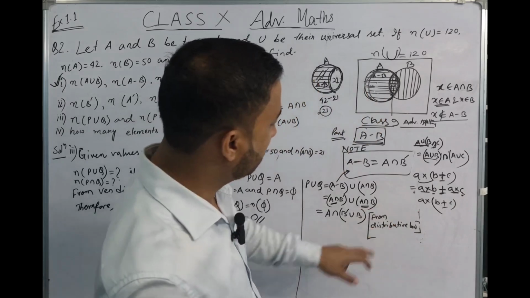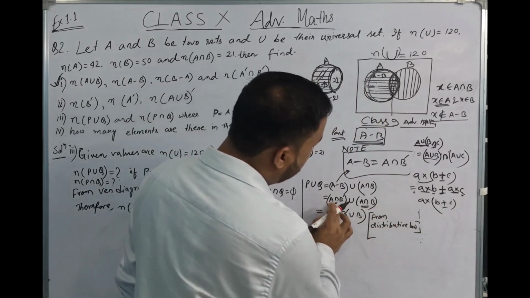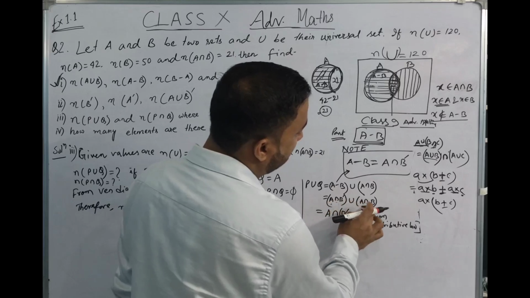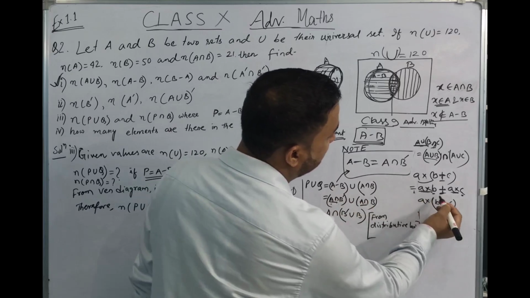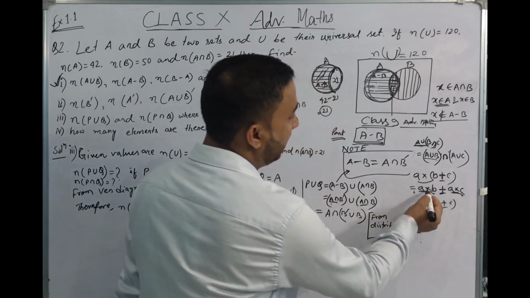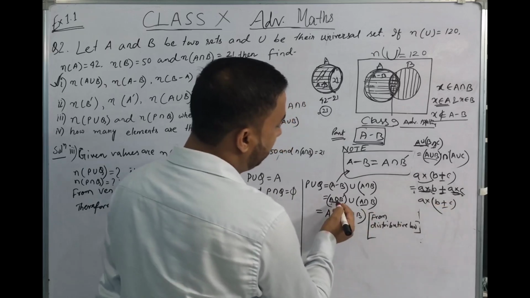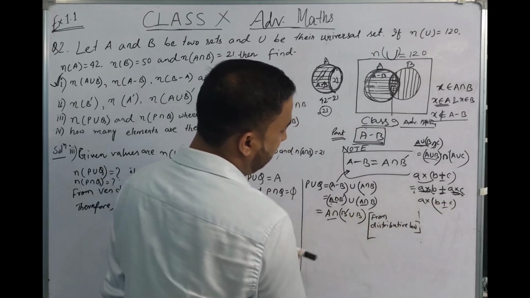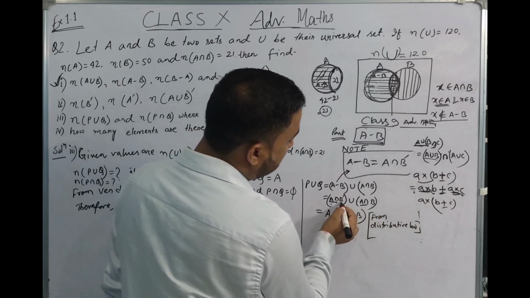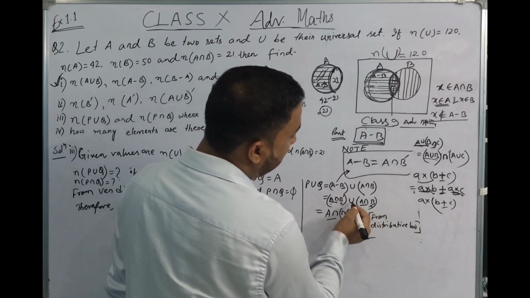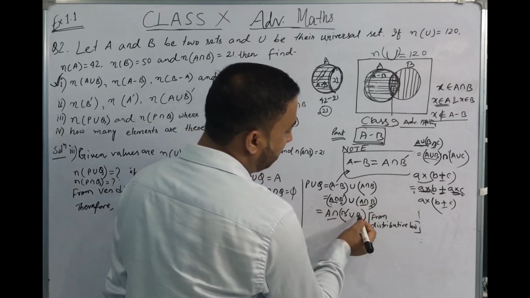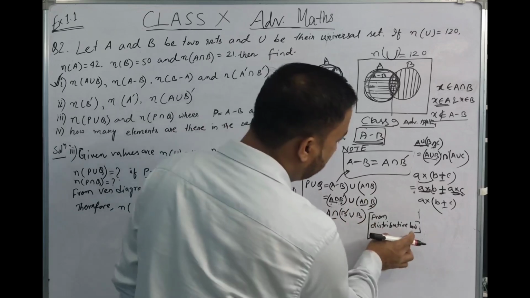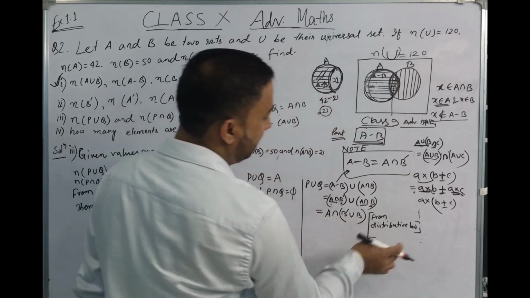Here in the case of sets also, A intersection B complement union A intersection B. A intersection is common to these, like A into B, A into C. We take A intersection as common. Now these two things you have to consider, and whatever symbol is coming in between, you take in between. B complement union B. From distributive law, you can check it in class 9.